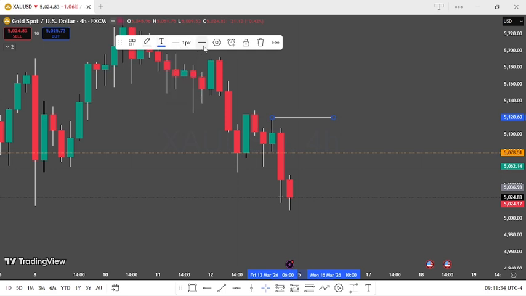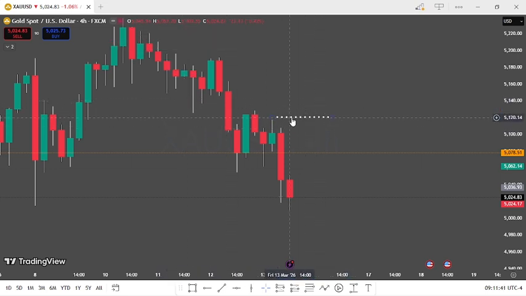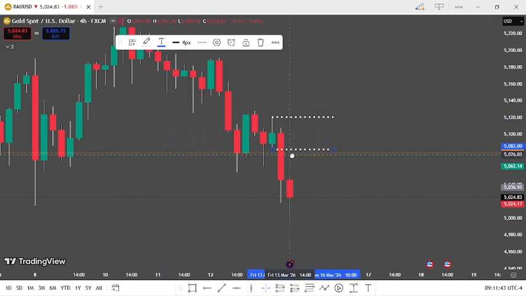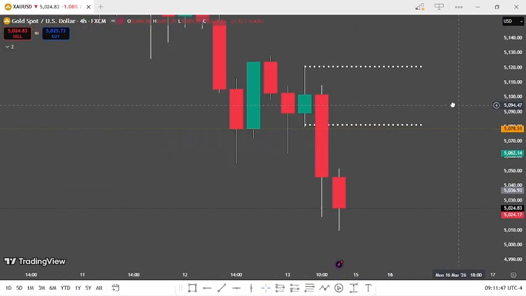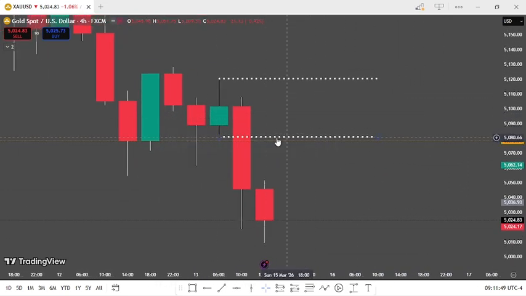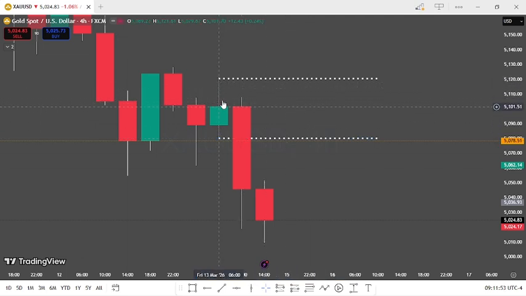I think I should just dot the lines and increase. Okay, so this is the high and the low of my 6 a.m. candle. Remember, I trade gold. On Forex, it would be 5 p.m., it would be 5 a.m. sorry, but on gold, this is 6 a.m.